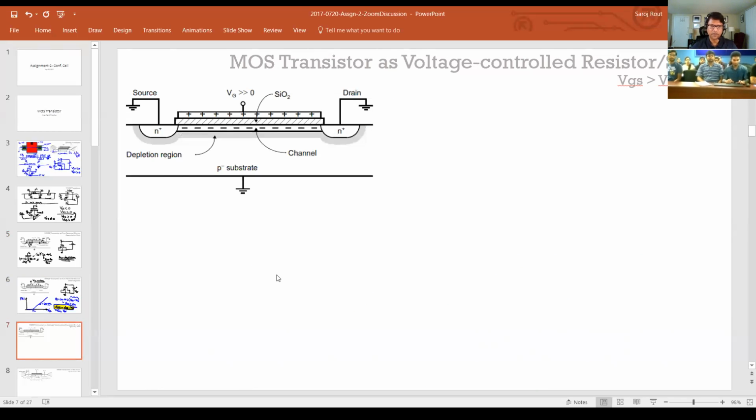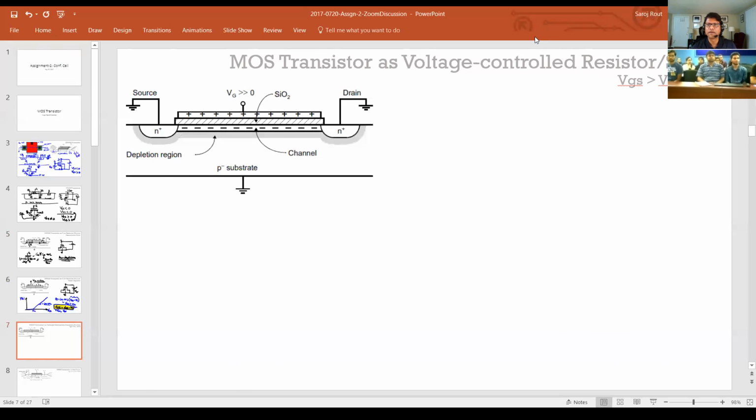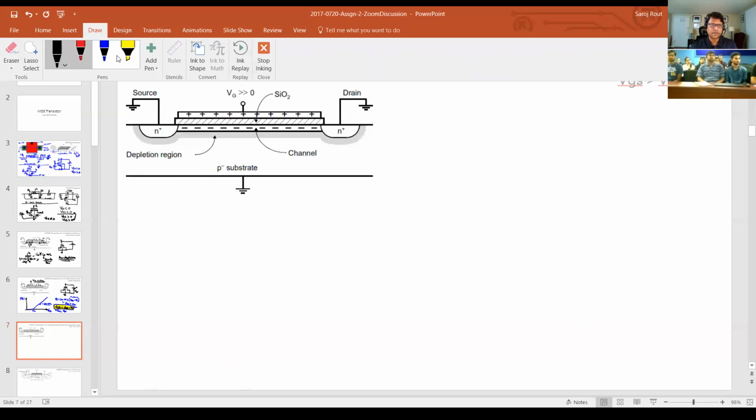All right, so now obviously so far I've just shown you it as a 2-terminal device, but it's a 4-terminal device. So obviously we want to use the rest of the terminals too. Okay, we want to show the rest of the operation.